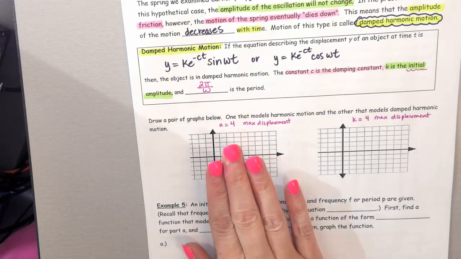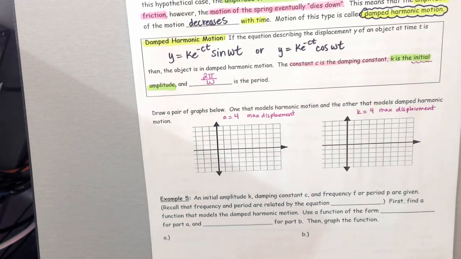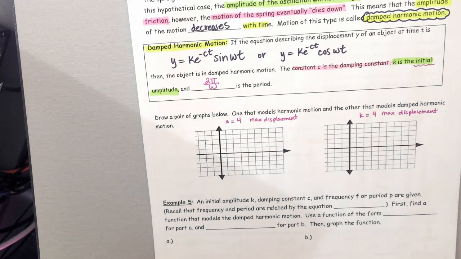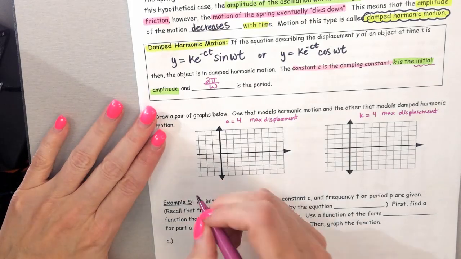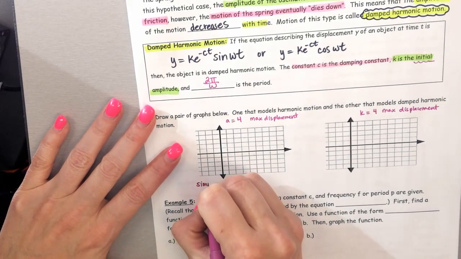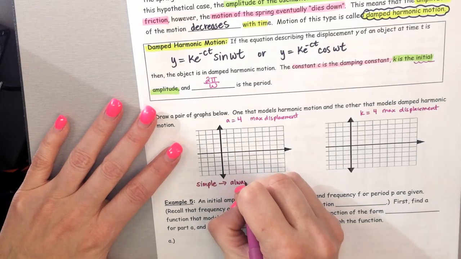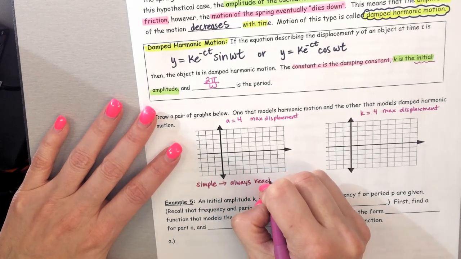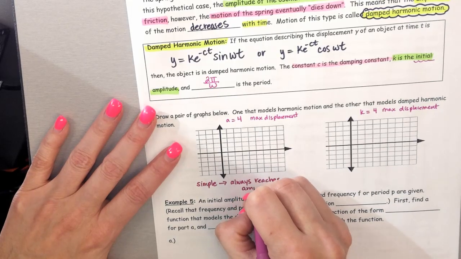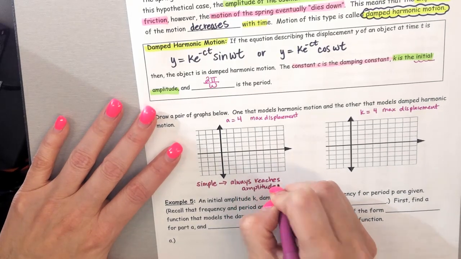For the first one, we're going to do simple harmonic motion. And when you have simple harmonic motion, it always reaches the amplitude.